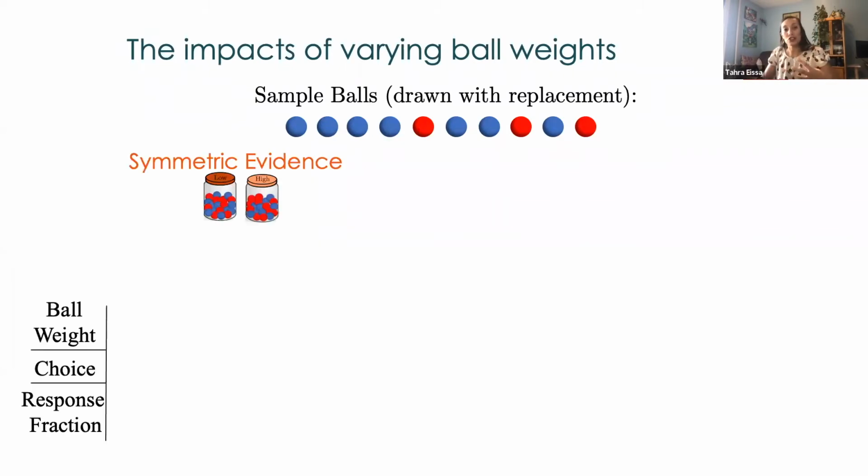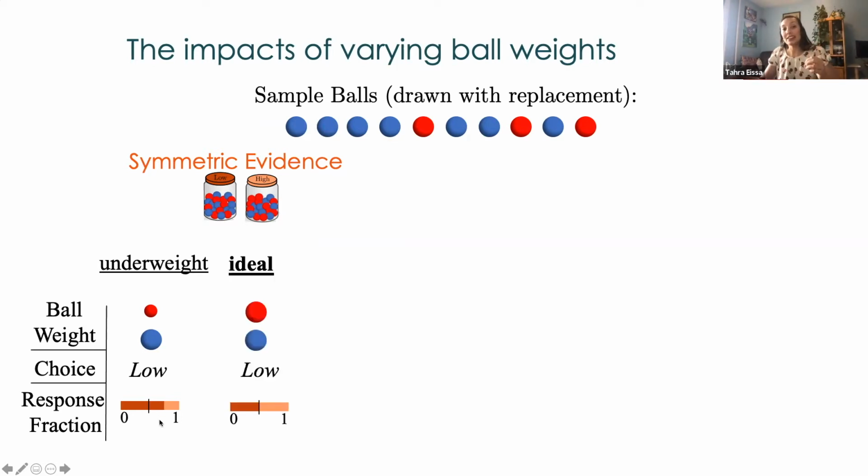So we have our symmetric jars, and let's walk through what happens if we have ball weights where the red ball, or rare ball, is underweighted. So it weighs less than the blue ball. In this case, we see our blue balls are going to win. We have a low jar response, and our response fraction is again going to deviate from the prior. But this isn't ideal for the symmetric evidence.